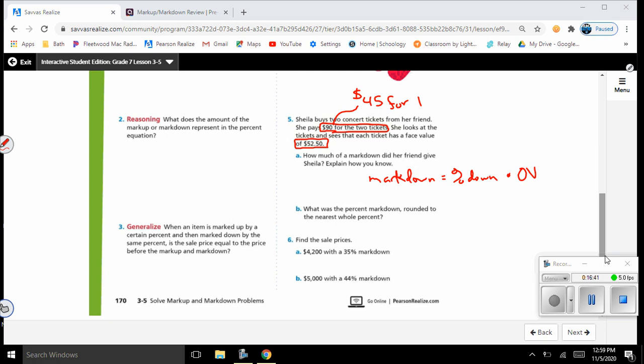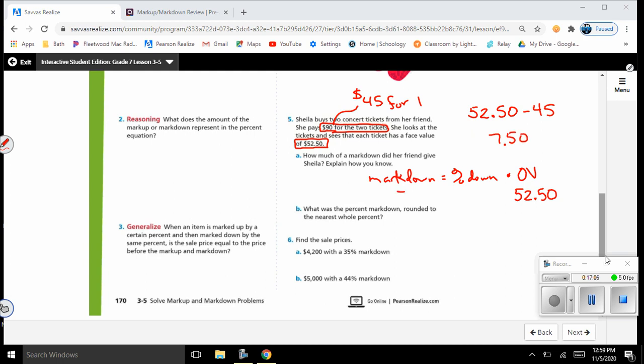So the original value would have been $52.50. She gets them for 45. So we have to say $52.50 minus the 45 to see how much she dropped the price. I believe that's going to be $7.50 if you subtract that out.